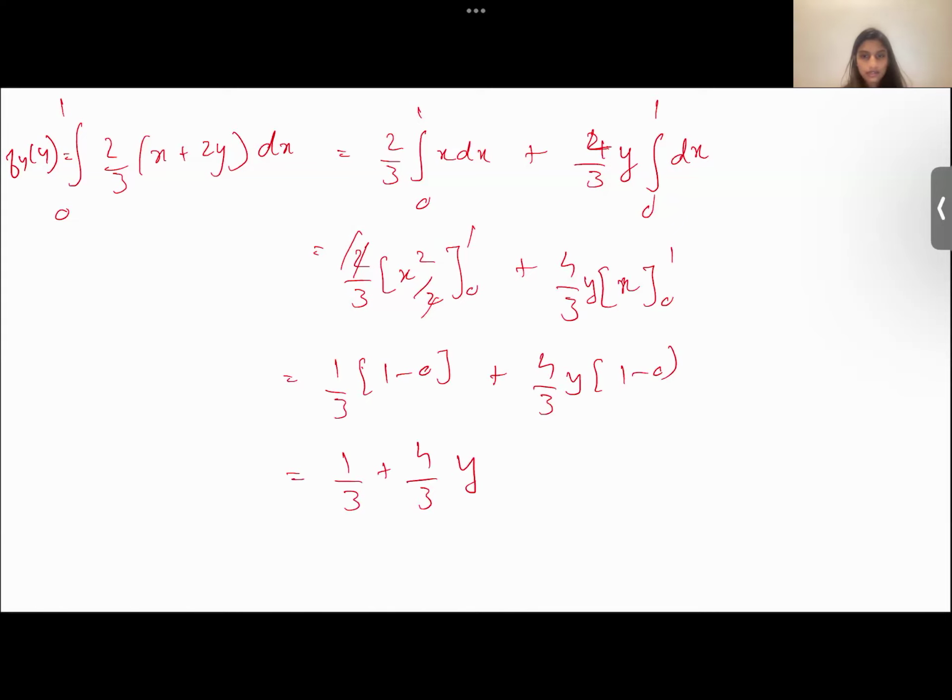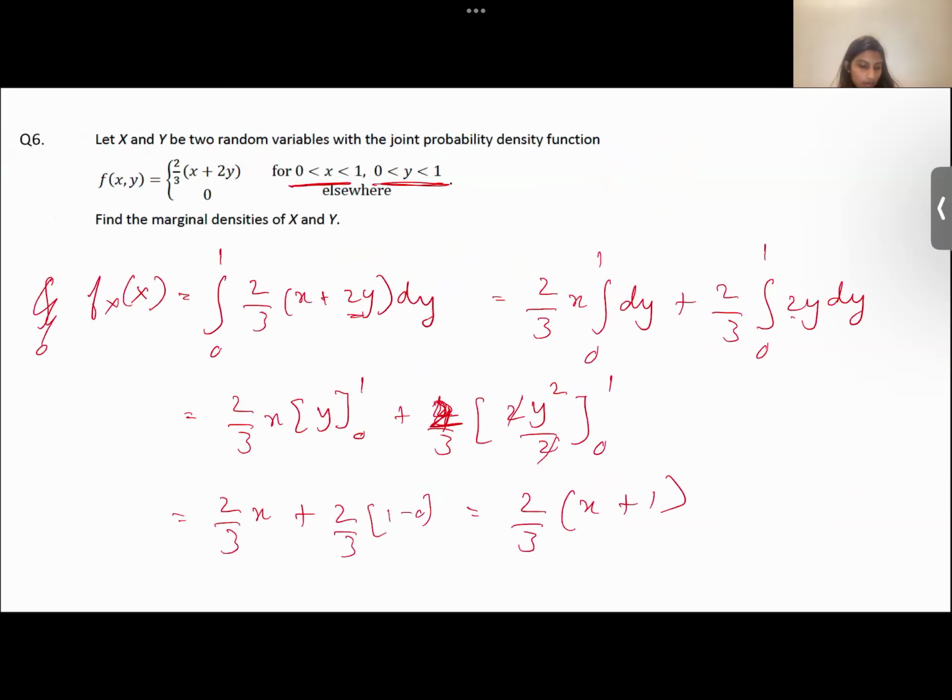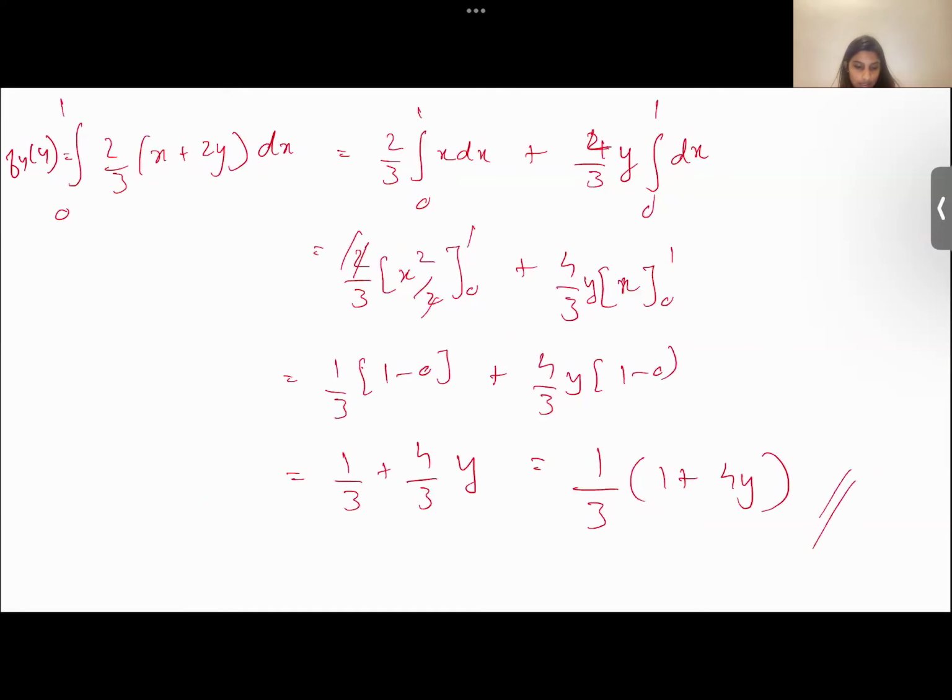This should be your answer. 1 by 3 is common here, so you can write 1 by 3 into 1 plus 4y. This is your final answer for the marginal density of y. So you have calculated the marginal density for x and y in this question.